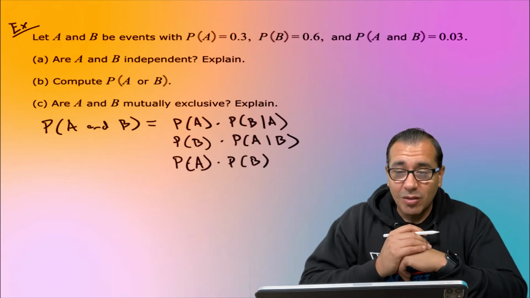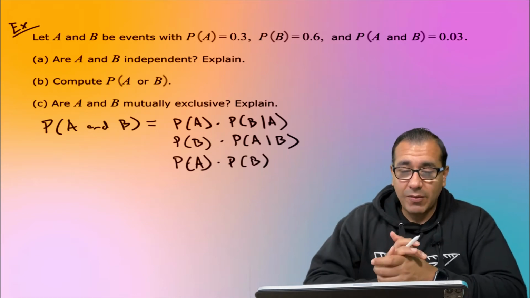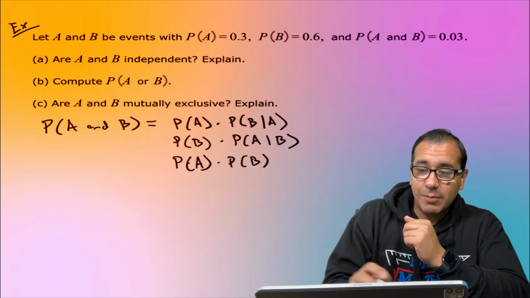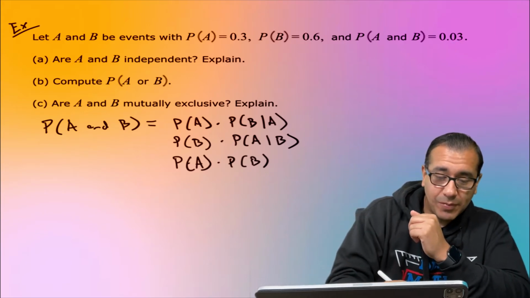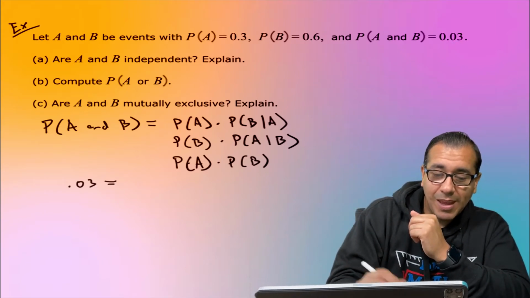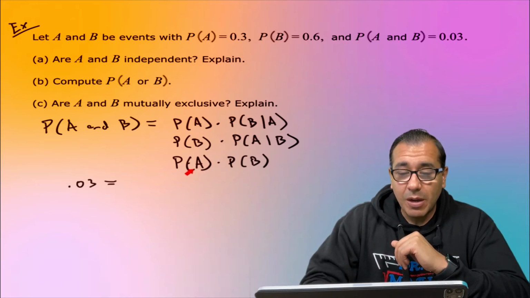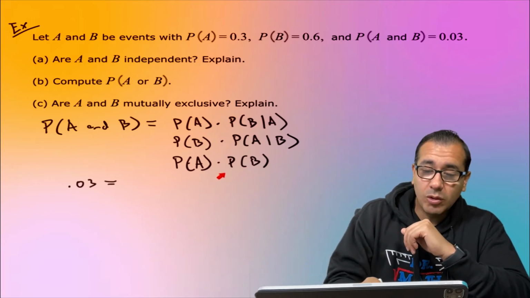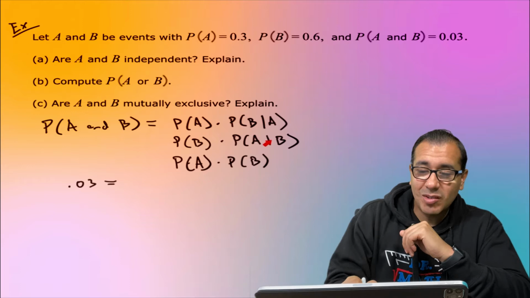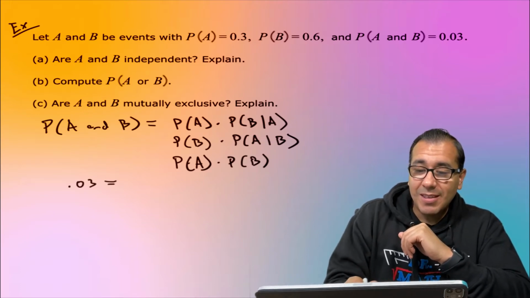So in this case, let's look at what we're given. We definitely have the probability of A and B. They tell us that's 0.03. Notice they give us the probability of A and the probability of B, so we're going to multiply. We're not given these conditions, so we're not going to use the first two formulas.